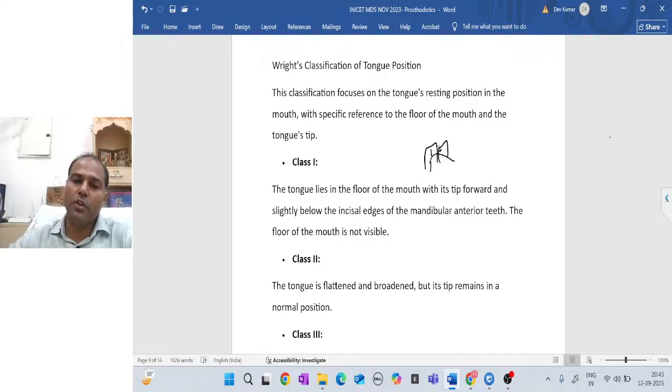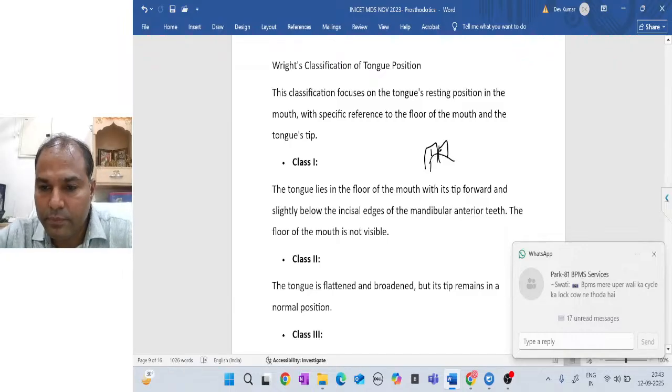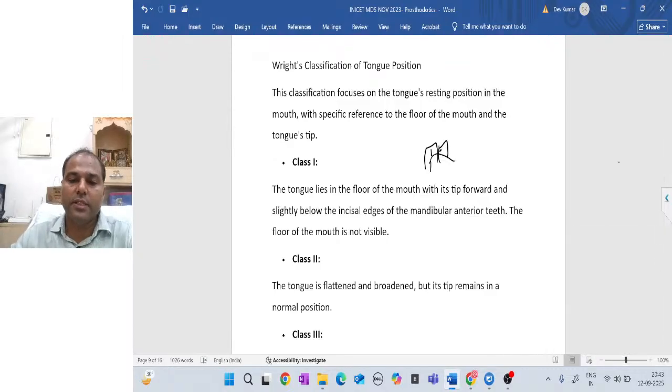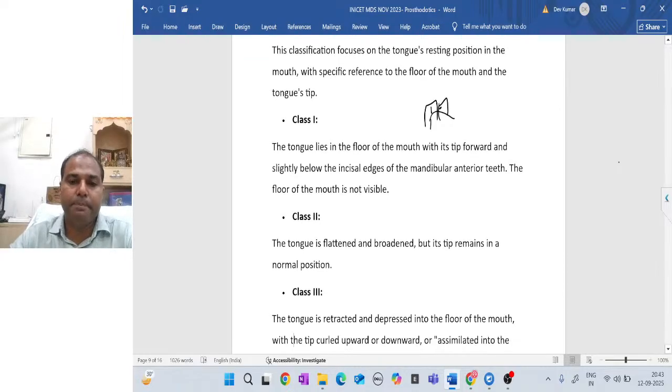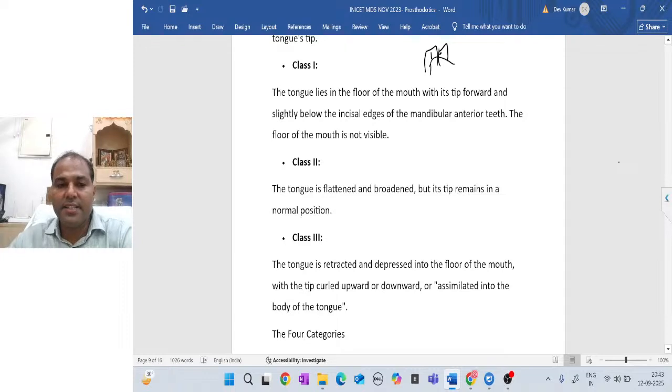Class 2, because of the absence of the teeth, the tongue position might be flattened and broadened, okay, but the tongue tip or tongue is still in normal position. Class 3, again it's the worst condition or the poor prognosis case.